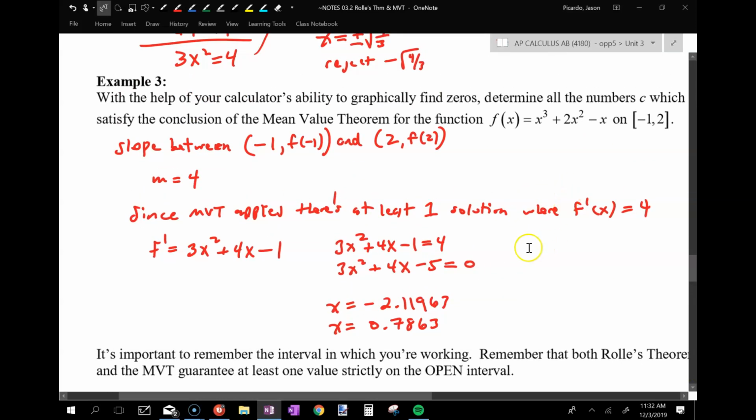Hey, really quickly though, what's our issue? Can't have the negative 2, right? Because it's outside of the interval. Boom.